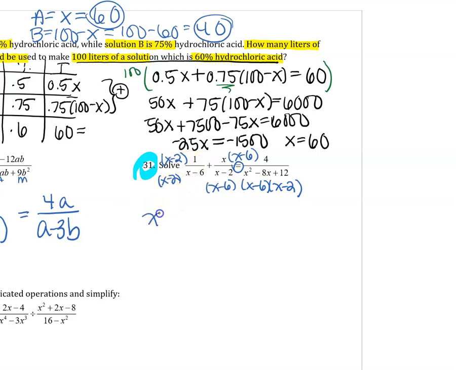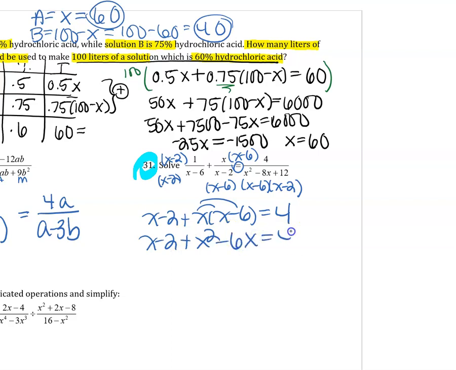So we have 1 times x minus 2 plus x times x minus 6 equals 4. x minus 2 plus x squared minus 6x equals 4. And now set it equal to 0 to solve. So x minus 6x is a minus 5x. You have a negative 2, but I subtract, so a minus 6. And now this is a nice little AM factoring.